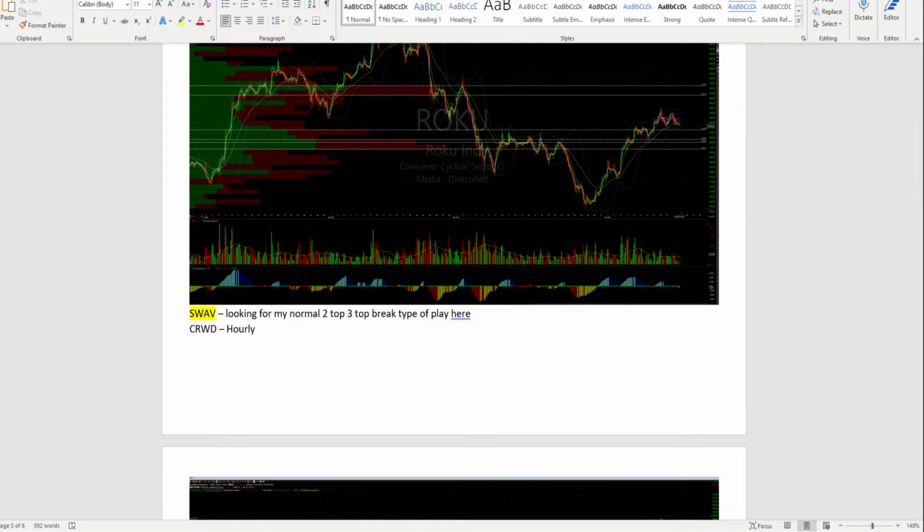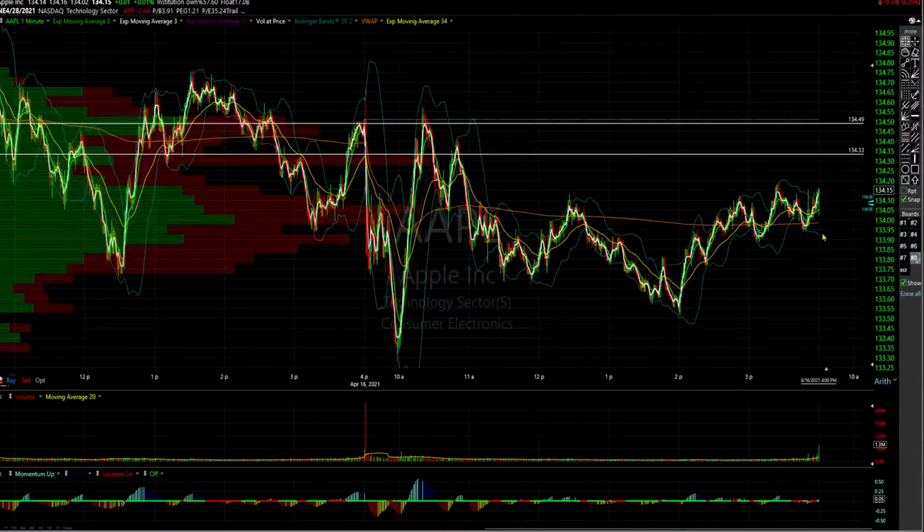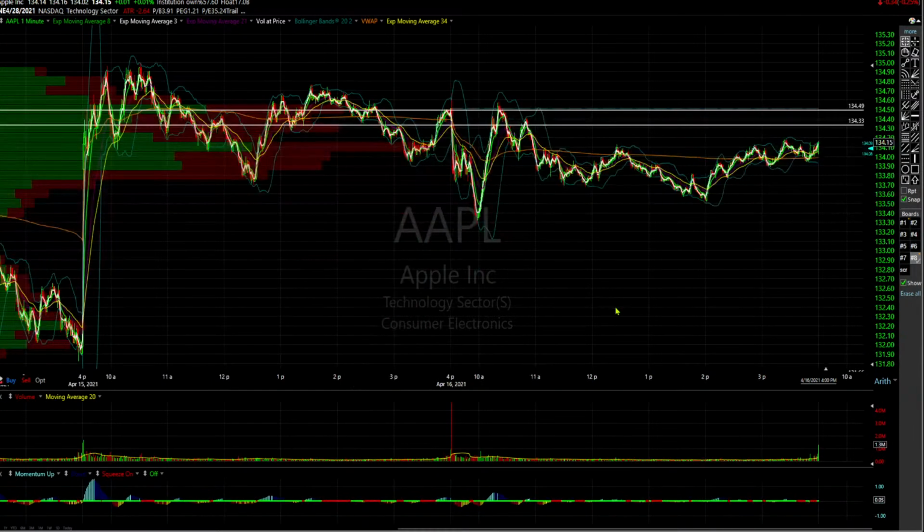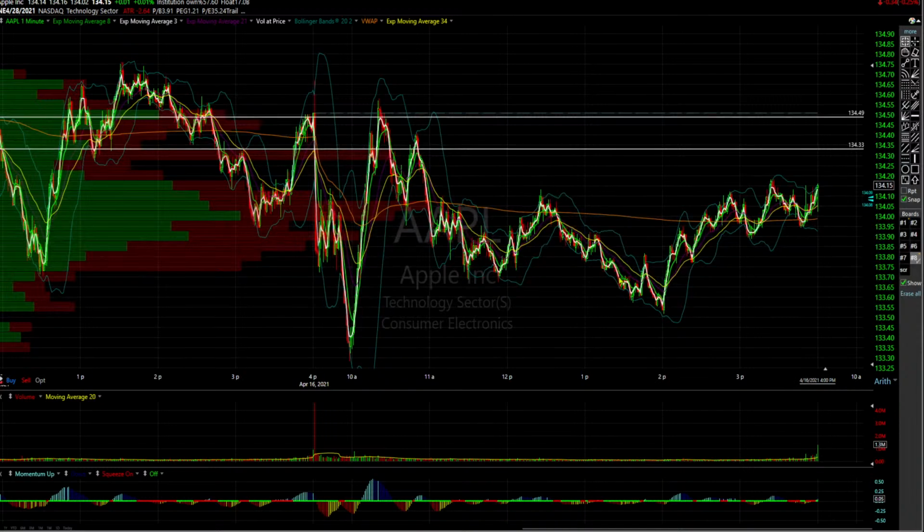The biggest bar is 134.33 to the top side, and then after that it's 134.50 to the top side. When I bring it back over to this screen, you see how it's got 5 cent separation? So it's not quite as zoomed in, but those are still the levels. You start climbing over these levels, you're going to start seeing some nice push.